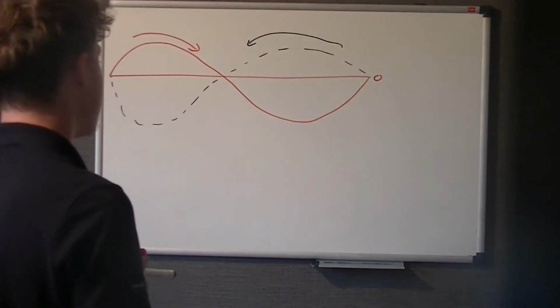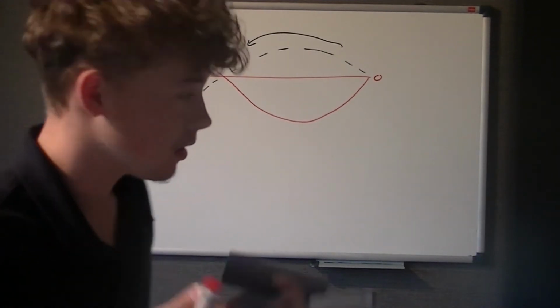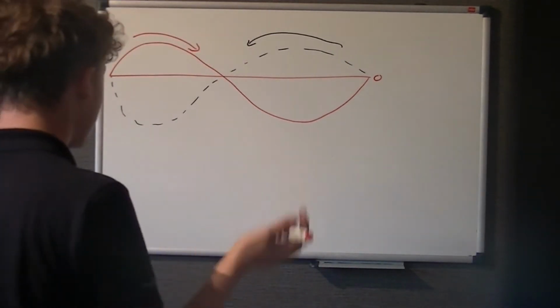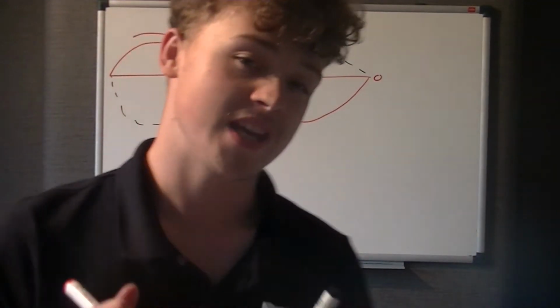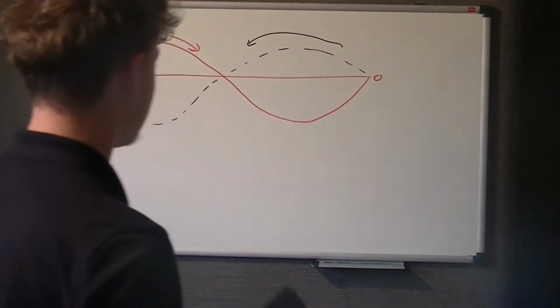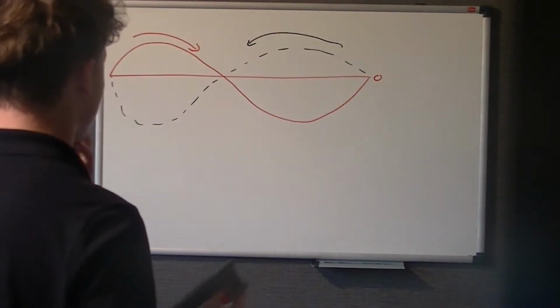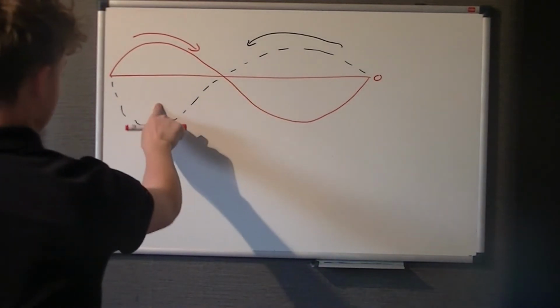This means the phase difference is pi radians, so that they intersect and form super crests and super troughs. This is a super crest at the top, and that's a super trough.